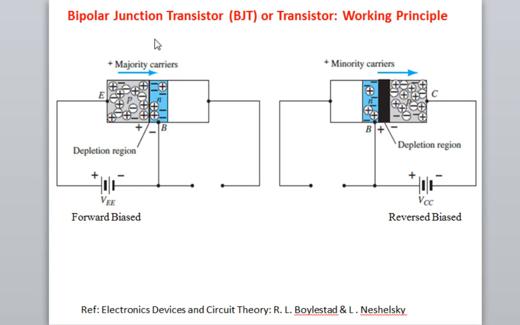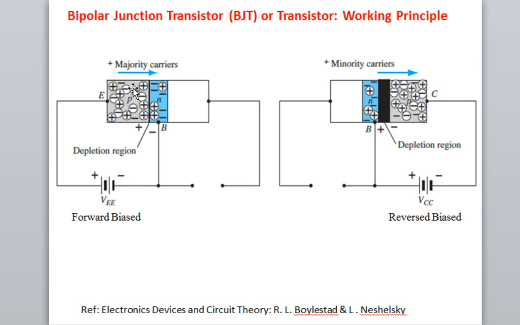That is why I have mentioned the direction of current. The current will flow from this direction to this direction because of the majority charge carriers. What are the majority charge carriers? Here this is a PNP transistor, so obviously holes will be the majority charge carriers.